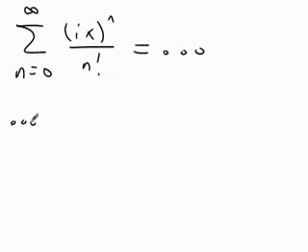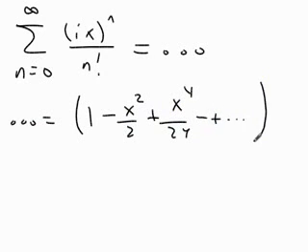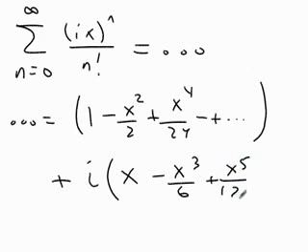There's the real part, 1 minus x squared over 2 plus x to the 4th over 24, etc., plus the imaginary part, x minus x cubed over 6 plus x to the 5th over 120, etc.